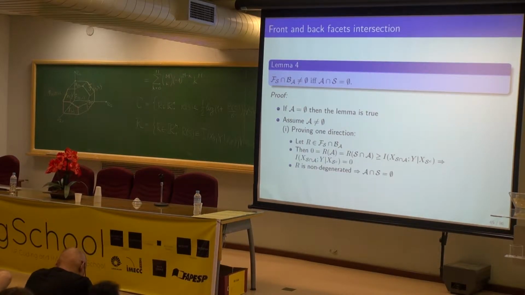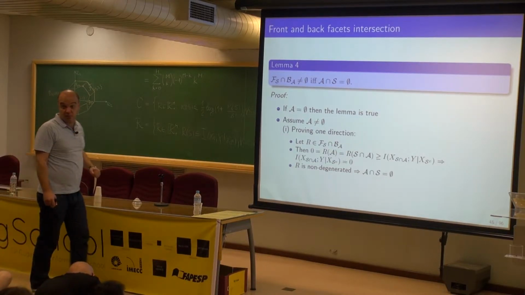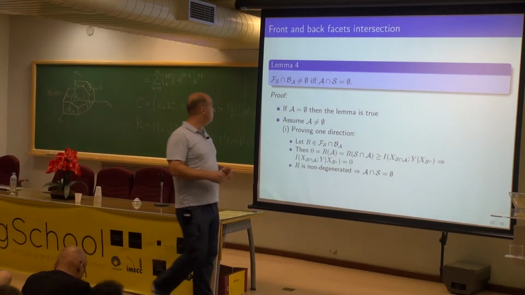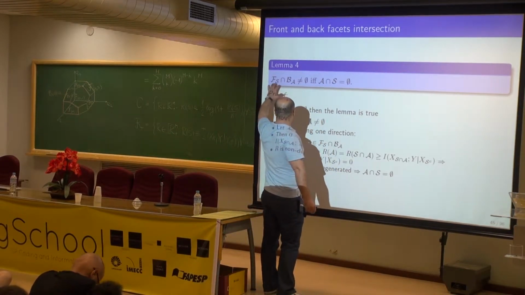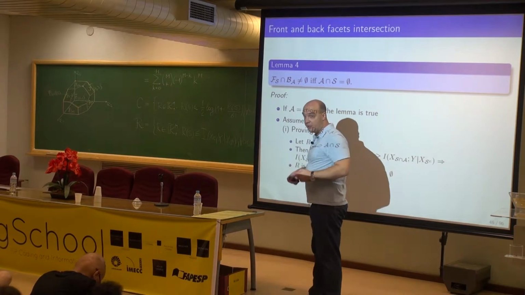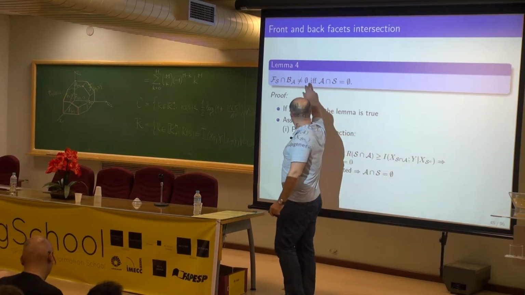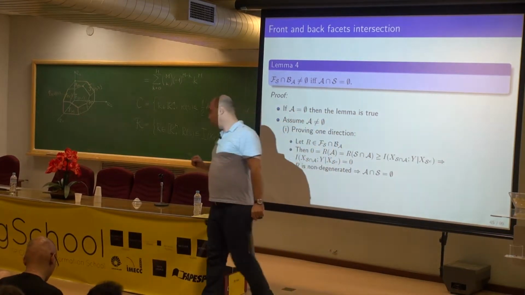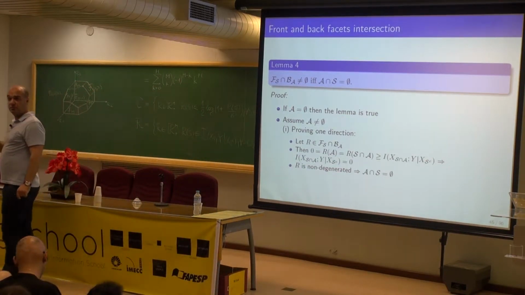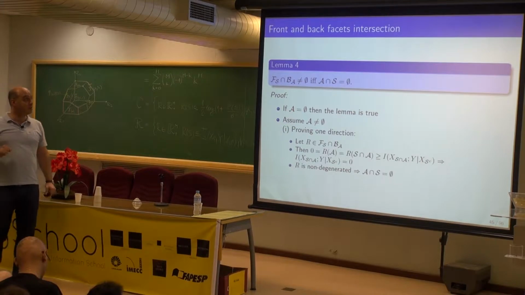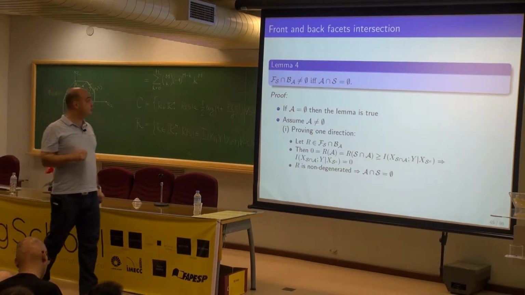And now I'm ready to claim this. What we observed in the 3D case: there is an intersection between a front facet and a back facet if and only if these two sets do not share any elements. Their intersection is the empty set.